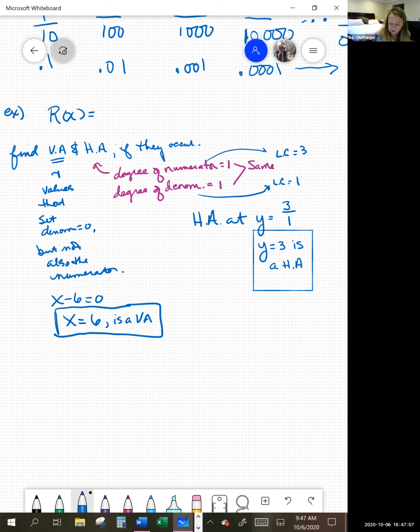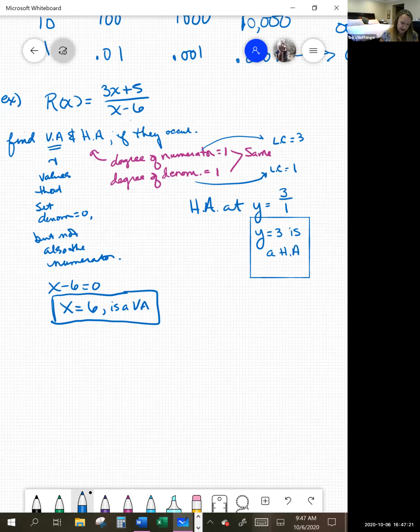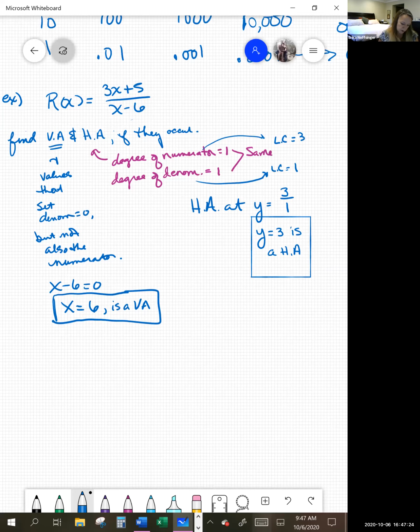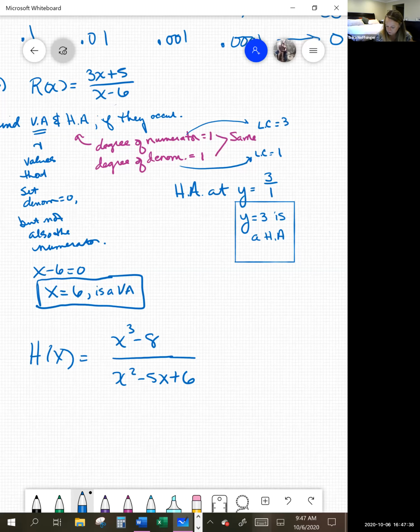Let me just rewrite it, 3x plus 5, I don't even remember what it was, over x minus 6. So if it had been, say, h of x is equal to x cubed minus 8 all over x squared minus 5x plus 6, the degree of the top is equal to 3 and the degree of the bottom is equal to 2.